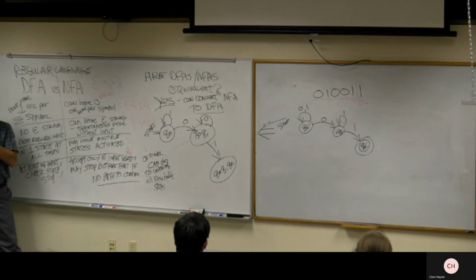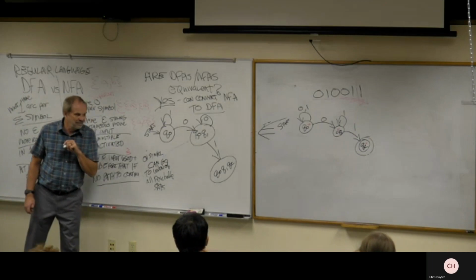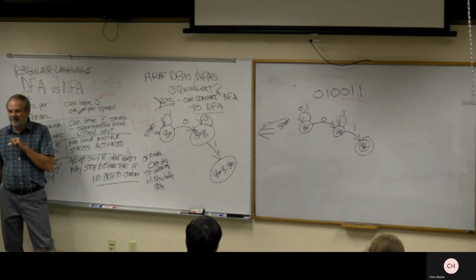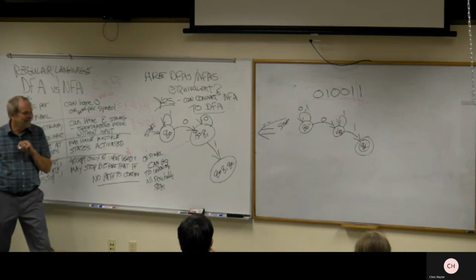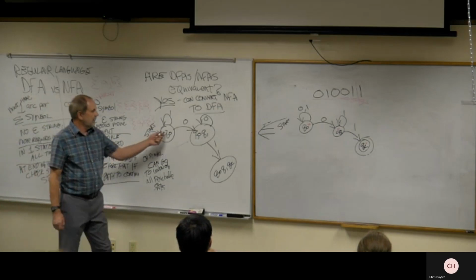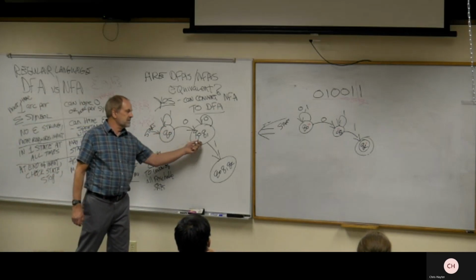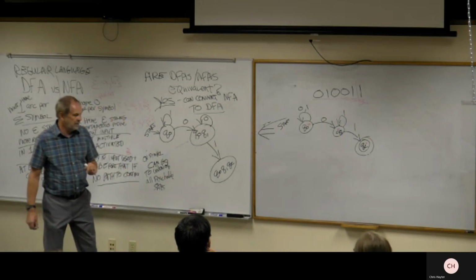Okay, so it looks like we got two states done. Each has a 0 and a 1 transition. It looks like we could be getting near the end. Let's start with 0. If you're in all three of those states, Q0, Q1, and Q2, what are all the places you can go on a 0?